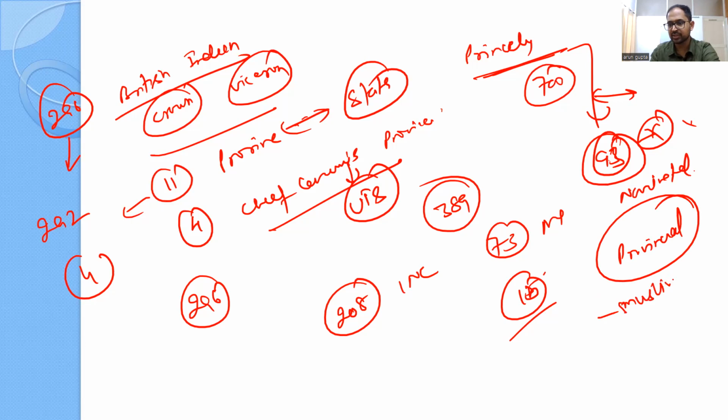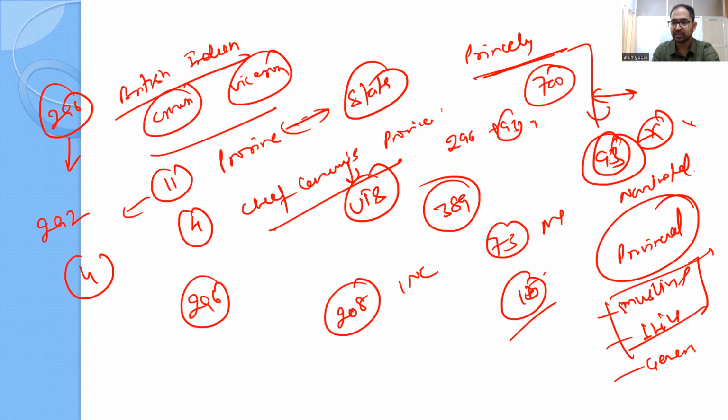There were seats reserved for Muslims, there were seats reserved for Sikhs, and there were general seats on which communities other than Muslims and Sikhs could contest and win. So like this, of 296 plus 93, the 93 were not nominated by the princes, and of 296, 208 went to Congress, 73 to the Muslim League, and 15 to others.